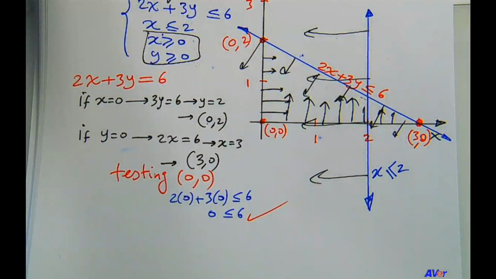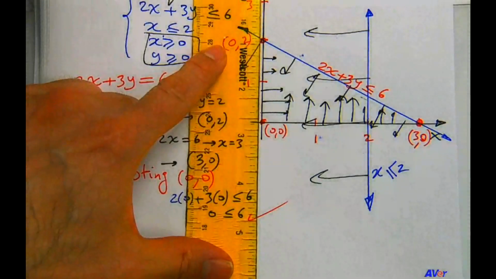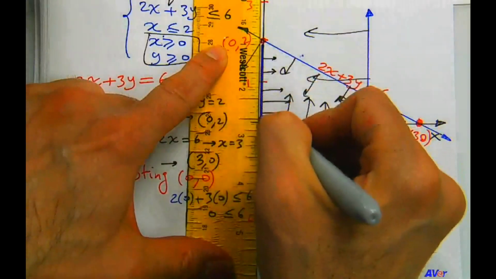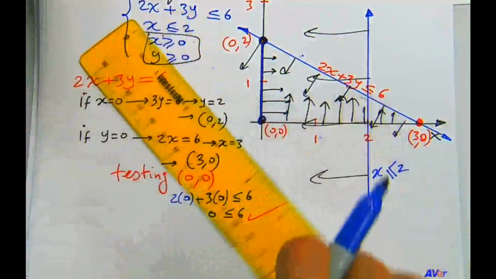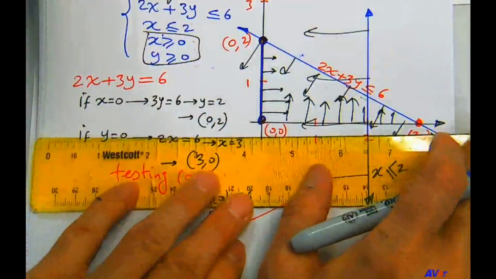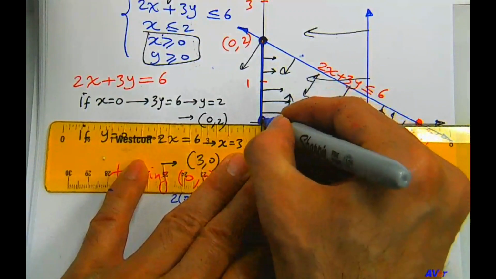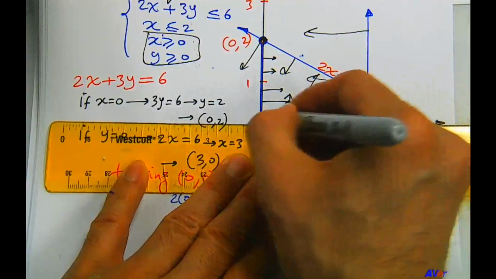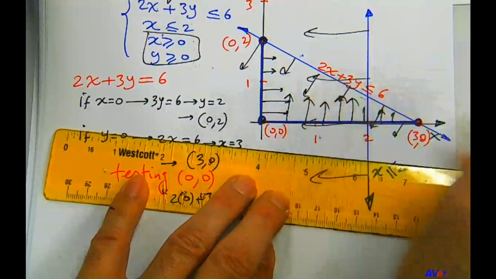Where is the overlapping region? Well, the overlapping region, I'm going to thicken that boundary, is right here. It has a corner point there. It has a corner point here. It has a corner point here. I overshot.